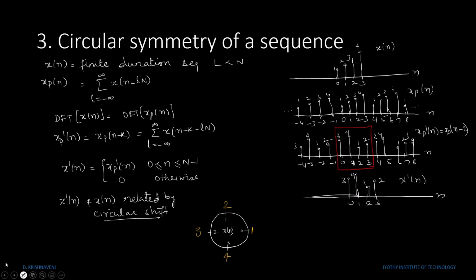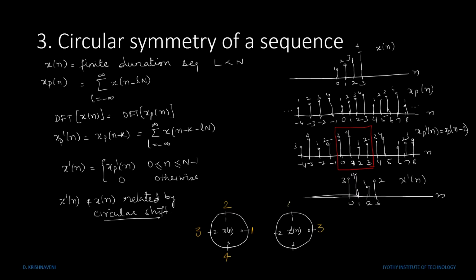Now we will draw x dash of n, which is x of n minus 2. So again position 0, position 1, position 2, position 3. But what are the values? We have 3, 4, 1, 2.